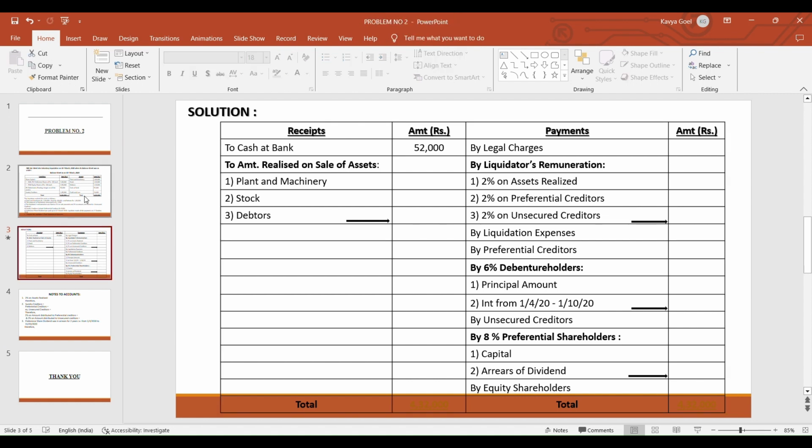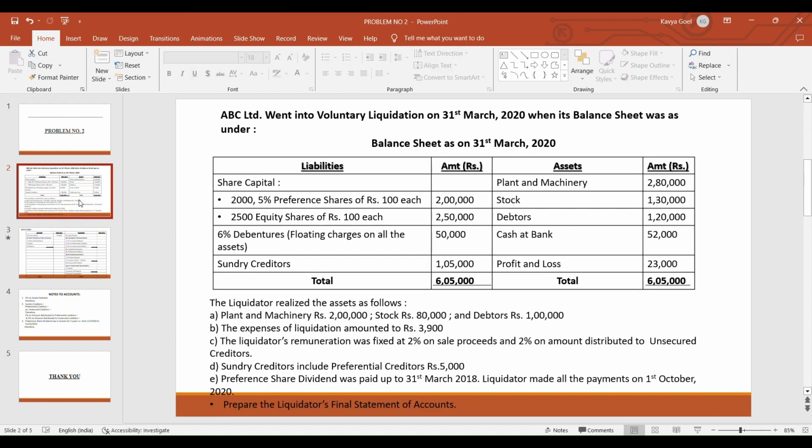In the previous sum, the assets' realized value was directly given in the balance sheet, but in this sum it's given individually. So what we will do is, in the receipt and payment account, we will put individually the amount of the assets, and we will not write the amounts which are given in the balance sheet, but we will write the amounts which are given in the adjustments.